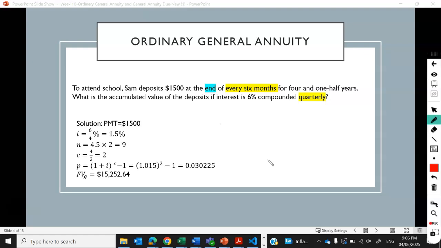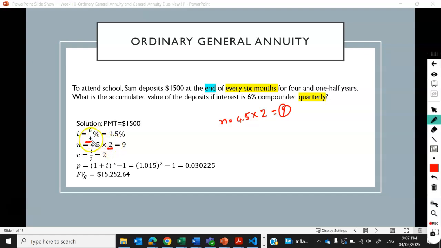Now, finding N: 4.5 years, how many times are you paying? Every 6 months, so 2 times in a year, so in total you will make 9 payments. You can see here, this is your payment period and this is your interest compounding period.